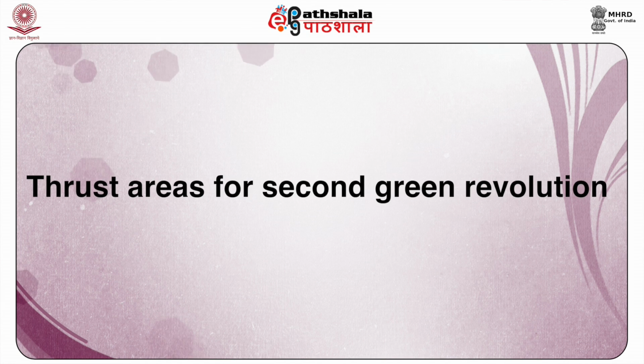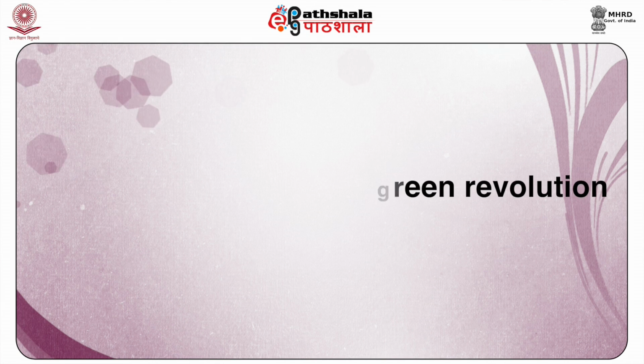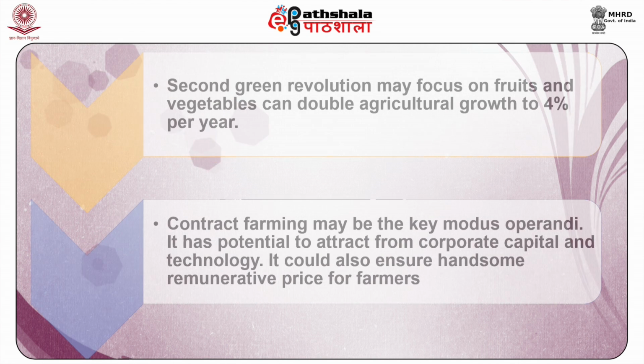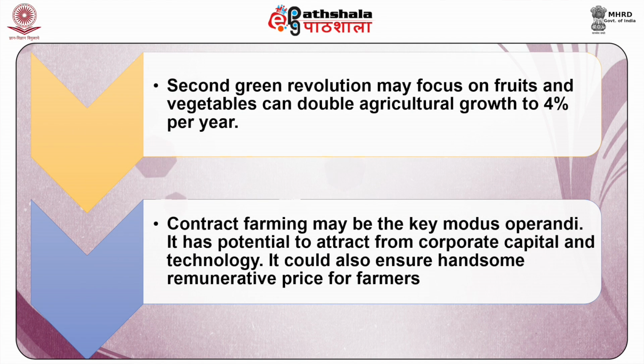Thrust areas for the second green revolution are as follows. A. Second green revolution may focus on fruits and vegetables, which can double agricultural growth to 4% per year. B. Contract farming may be the key modus operandi. It has potential to attract corporate capital and technology.